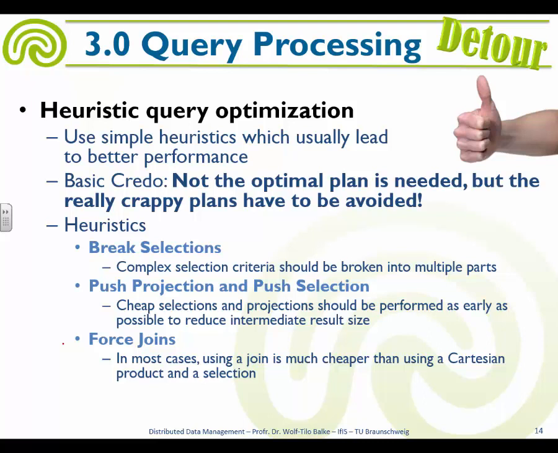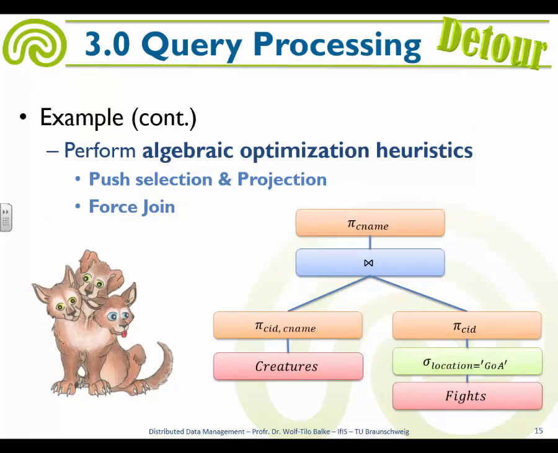And it's much more efficient to do joining than doing the Cartesian product. So these are the heuristics that people have learned that actually make a difference to have a very nice execution plan for the query. So if we do that for our running example, this is basically what we have now. So we do push the selections and projections first.